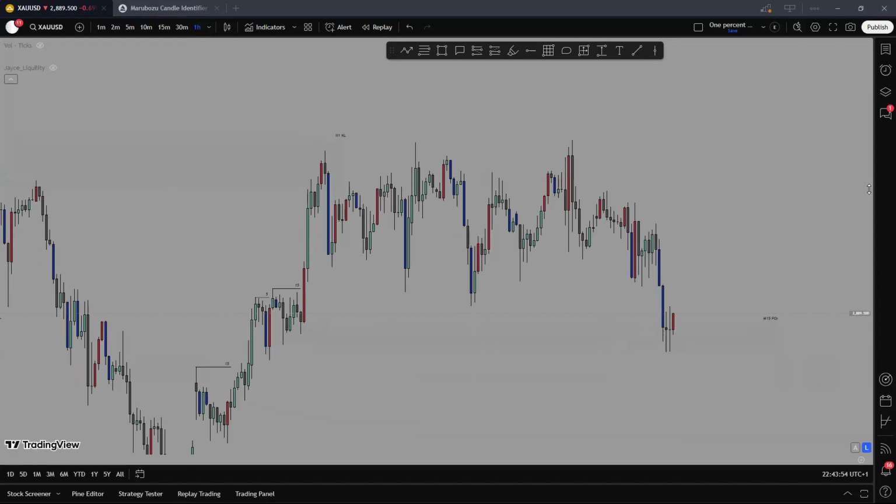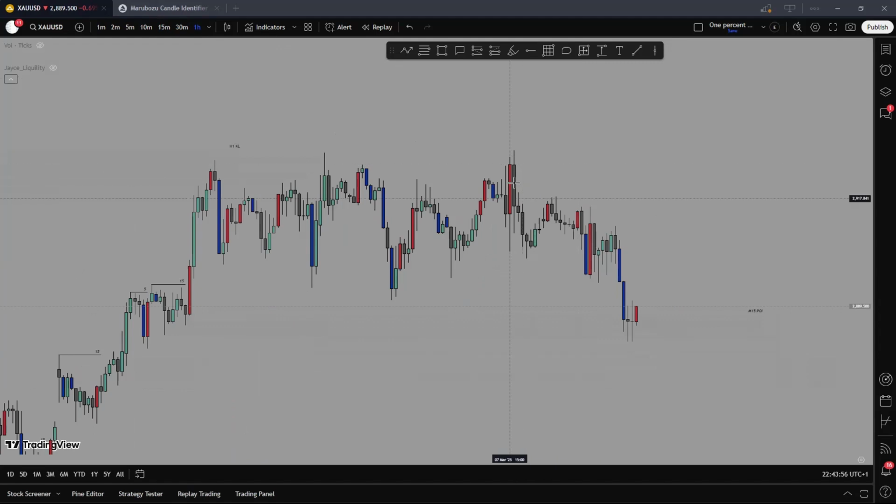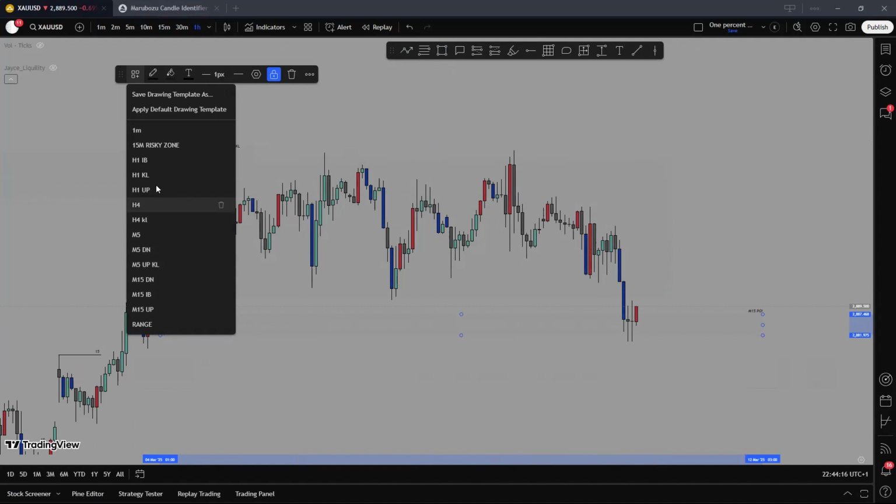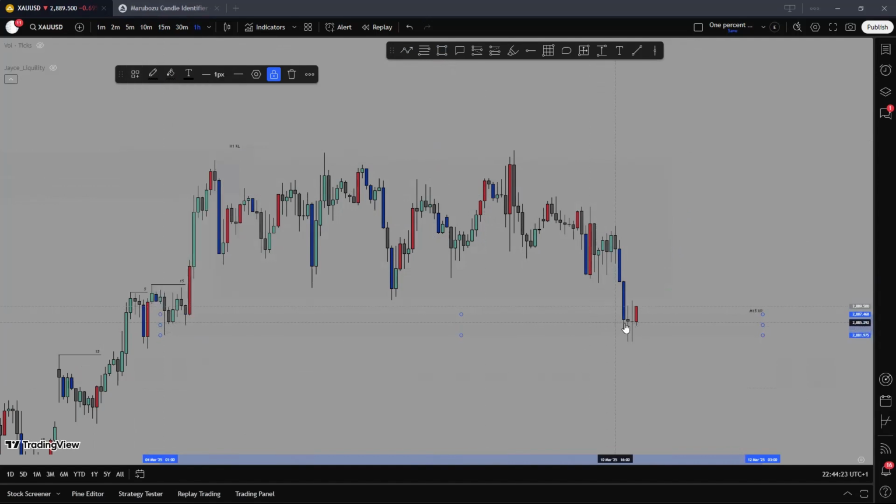All right, so if you look at this, from this point to this point is a range, and this is the key level on the 15 minutes time frame, the up key level. This is where I'm moving buying from. But this is a range.